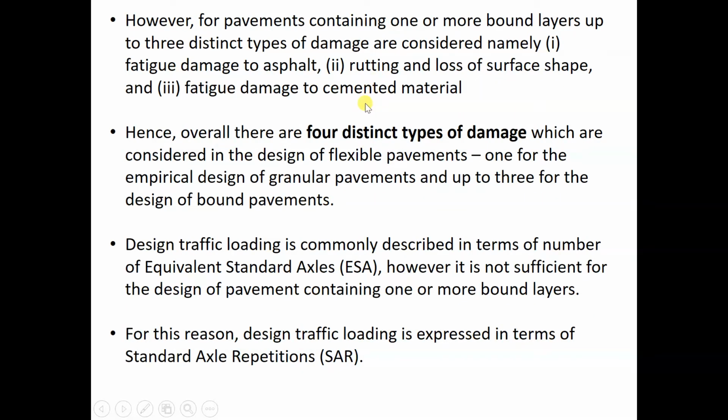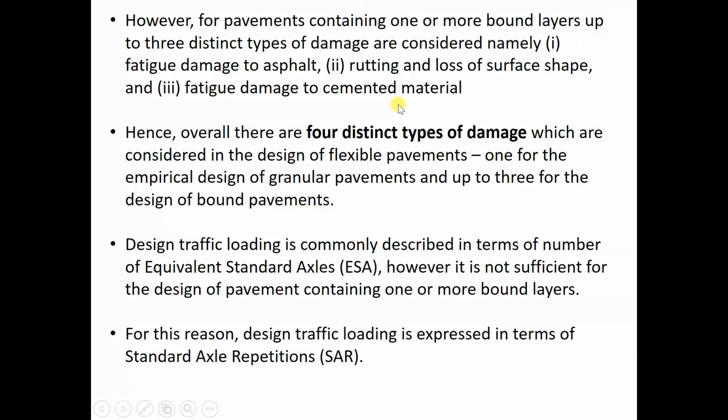However, for pavement containing one or more bound layers, up to 3 distinct types of damage are considered. If you got asphalt, you got cemented material, and then the subgrade, then you have 3. So the damage to asphalt, rutting and loss of surface shape, this one is the subgrade, and the fatigue damage to the cemented material.